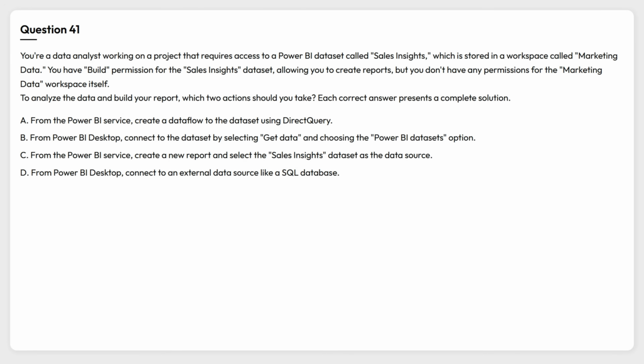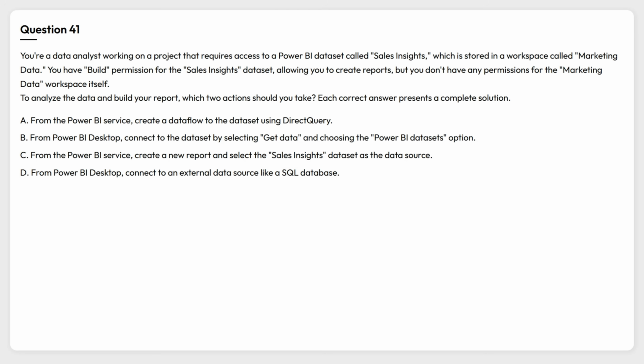Option A. From the Power BI service, create a dataflow to the dataset using DirectQuery. Option B. From Power BI Desktop, connect to the dataset by selecting Get Data and choosing the Power BI dataset option.